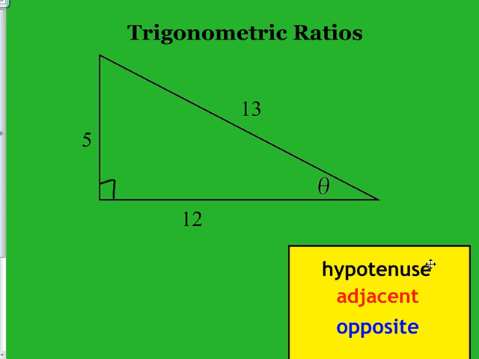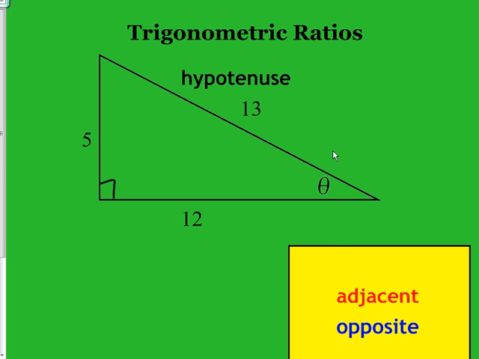Now, if you recall, we have some terms we need to label our triangles. We have the hypotenuse, the adjacent, and the opposite. The hypotenuse of any triangle is the side opposite the right angle. The adjacent and opposite sides change depending on what angle you are talking about, whether it's my beta angle here or this unknown angle up here.